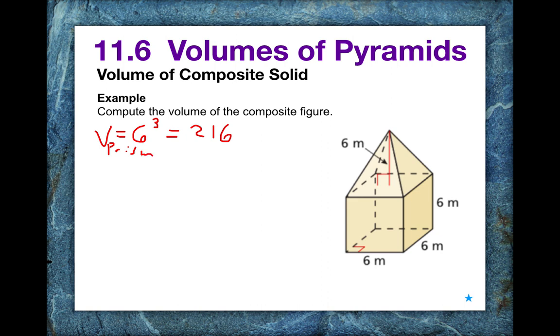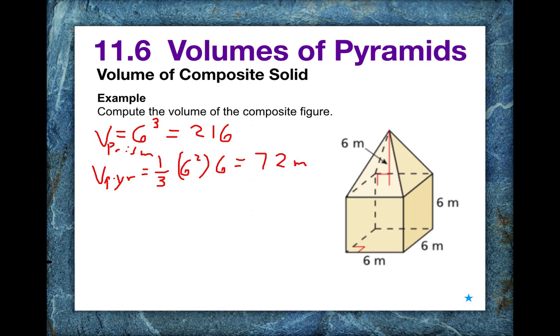The volume of the pyramid at the top is going to be 1/3 the base, and the base is going to be 6 squared, times the height, which is 6. So then we come up with a volume of 72.